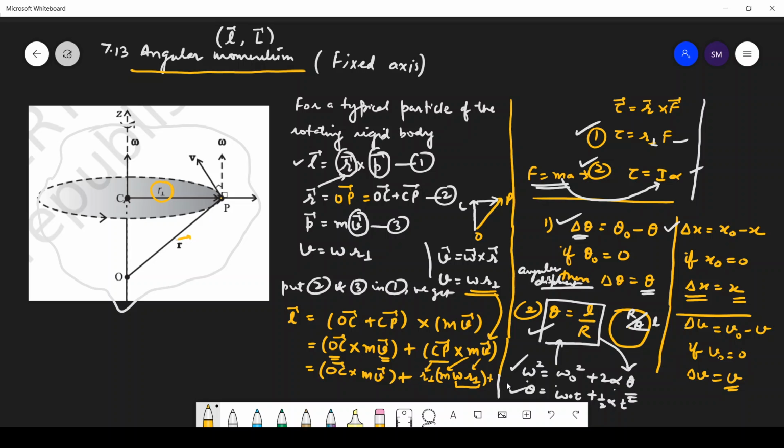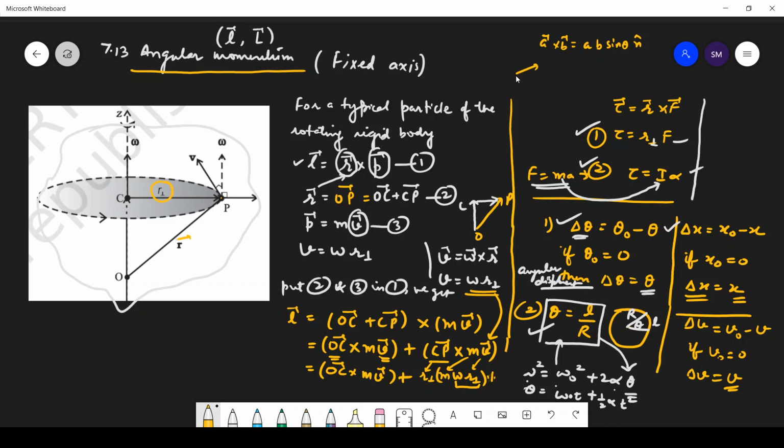Okay, and then what's the direction? That will be the cross product. For A cross B, we have to write magnitude of A, then magnitude of B, then sine theta, and then the direction of n cap.